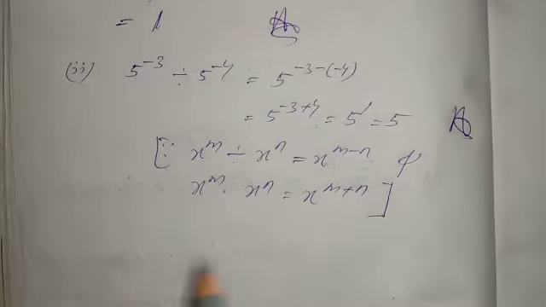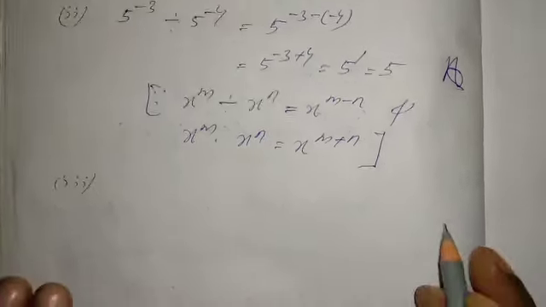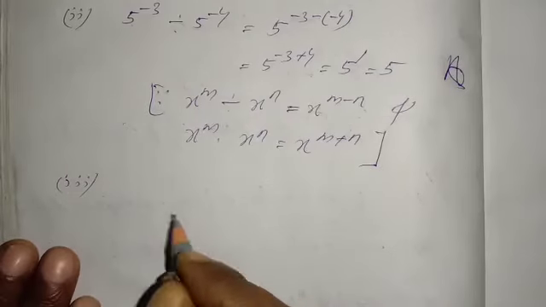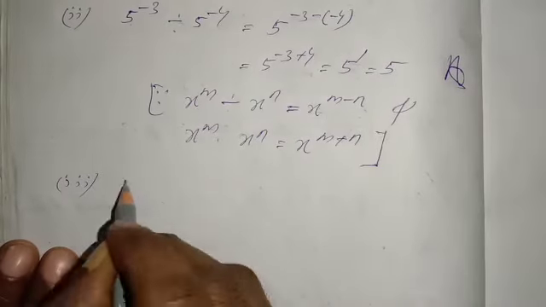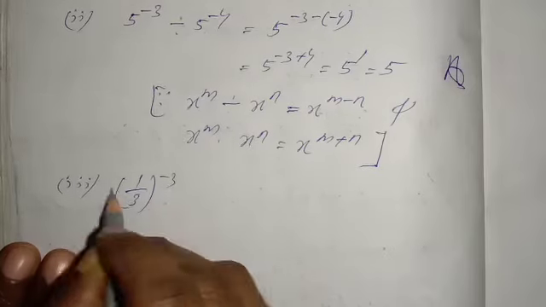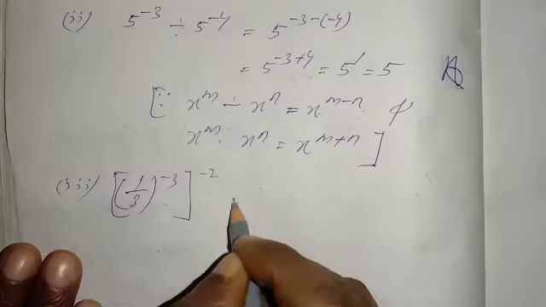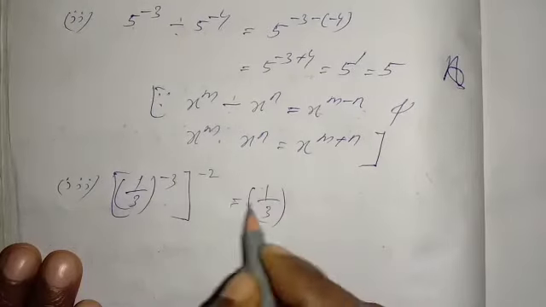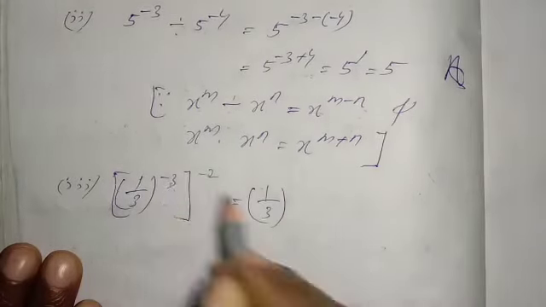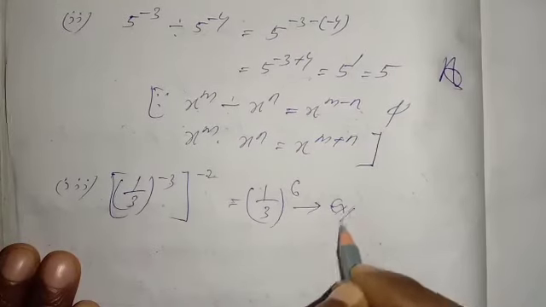Let us go to the third part. The third part question is given as (1/3)^-3 whole to the power -2. That means for (1/3), the powers are multiplied: -3 into -2 will be 6. And this one is exponent form.